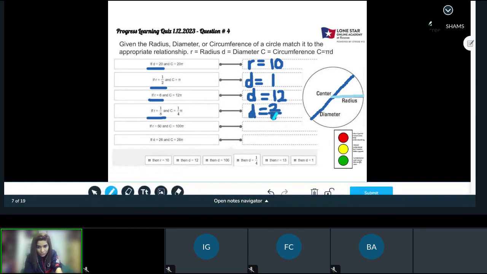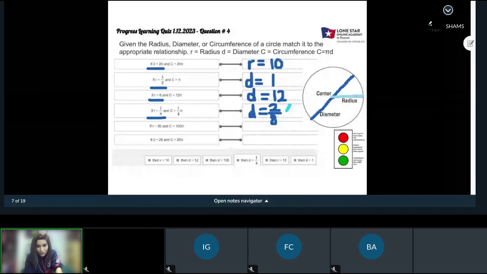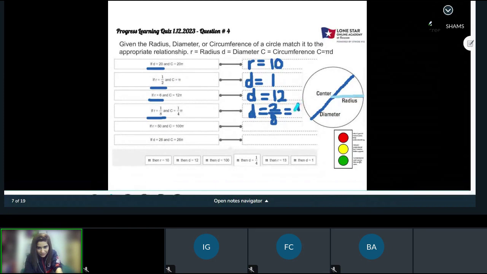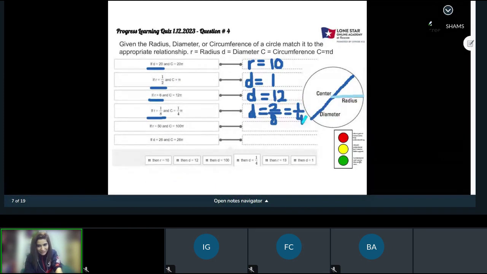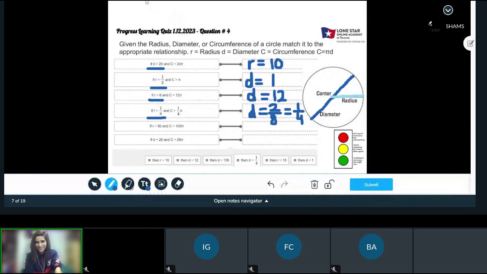And you will say 2/8 is the same as 1/4. This is the diameter. I will pause because it had fractions. Are there any questions? Feel free to ask me questions. This session is for you guys, people, remember.